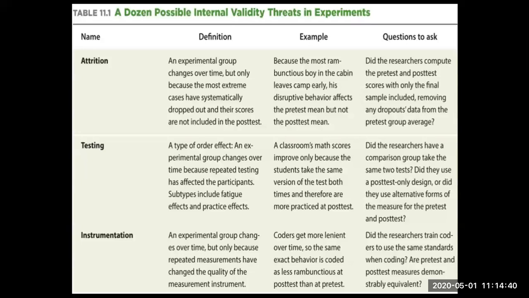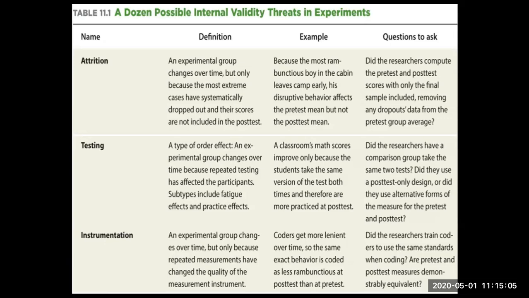So if Mr. Rambunctious is not included in the post-test, we simply would eliminate his data from the pretest and recalculate. So did the researchers compute the pretest and post-test with only the final sample included, removing any dropouts' data from the pretest group average?